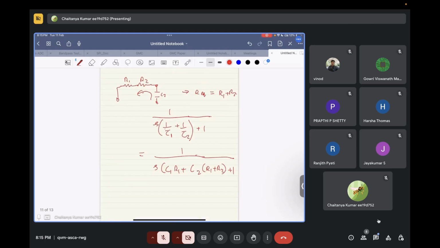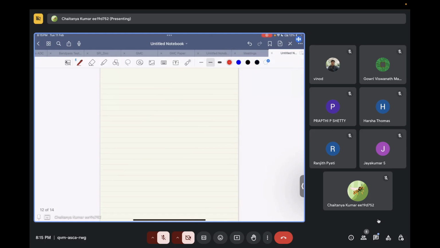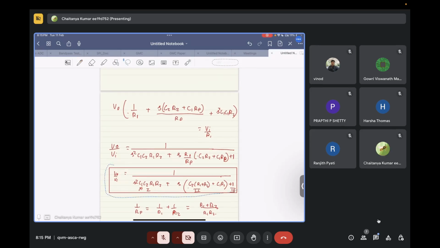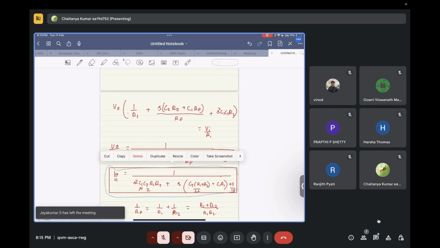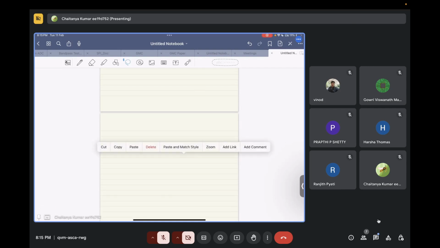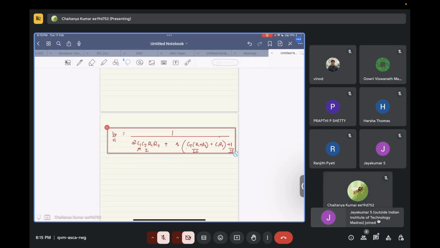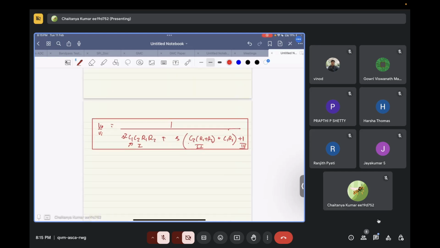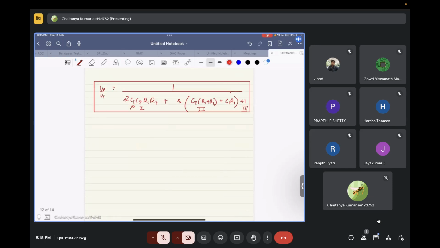Let's try to build some more insights over this particular equation that we had. Are you aware of the standard second order low pass transfer function, how it looks generally?